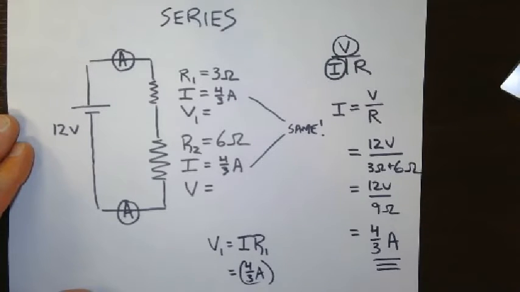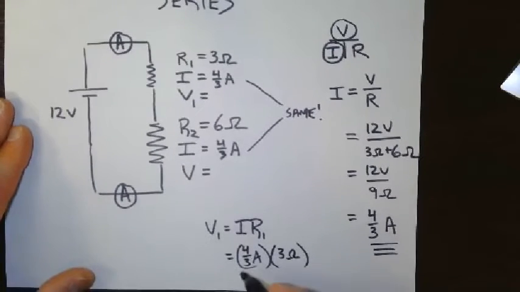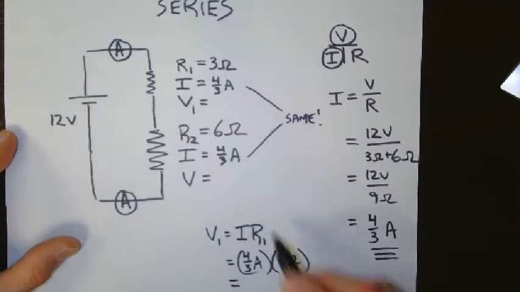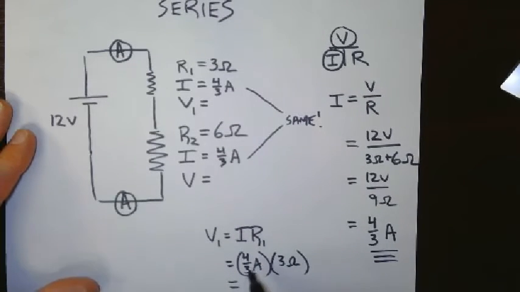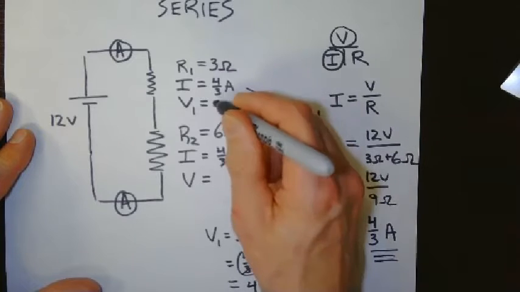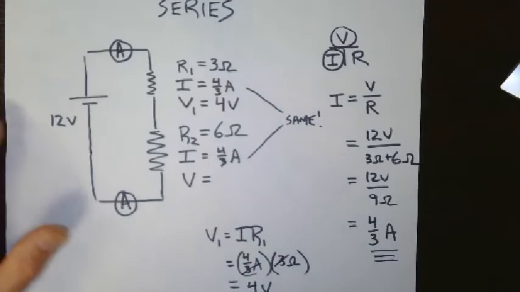I'm getting it from there, times 3 ohms. And so I use my total current and I multiply by the specific resistance that I have in the circuit. So 4/3 times 3 is 4 volts. And so that's my 4 volts, okay?